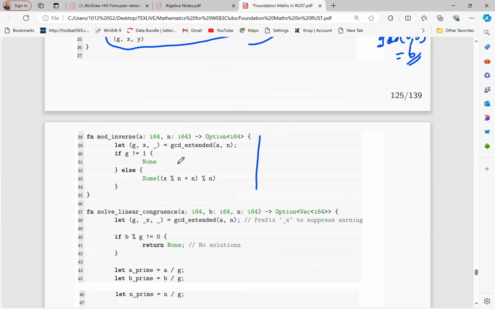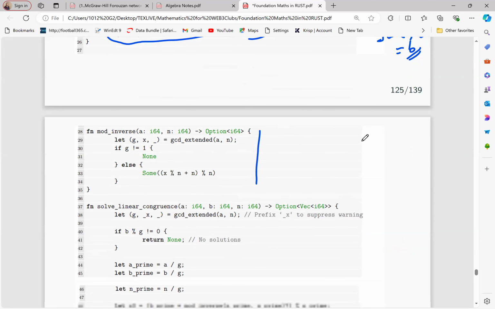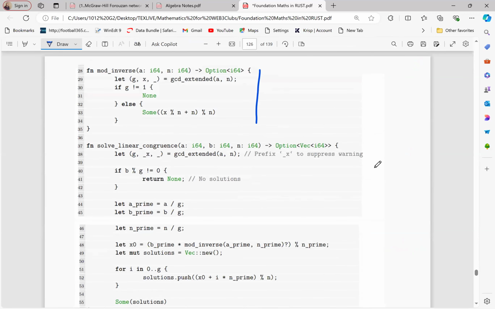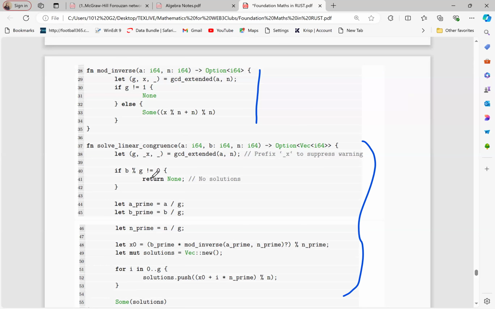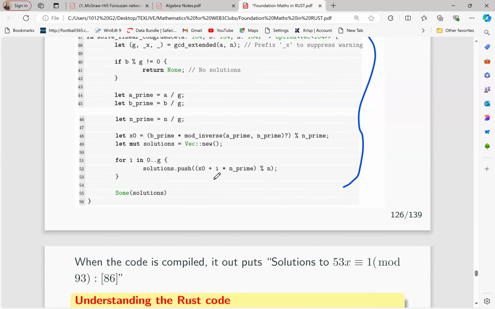Then after that, it should have this part, the solve linear congruence. That means now find the GCD. After confirming that that GCD divides B, it now proceeds to solve the linear congruence. And then it will print the results.